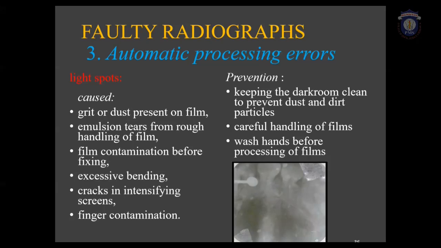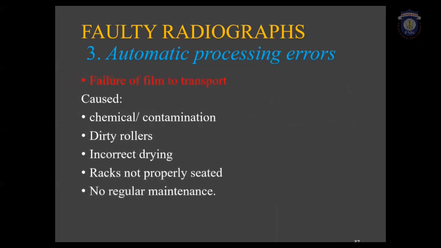Washing of the hands before and after processing should be ensured. The failure to transport a film can cause chemical contamination, dirty rollers, or incorrect drying. This can also occur if there is no regular maintenance. So all these factors should be rectified.